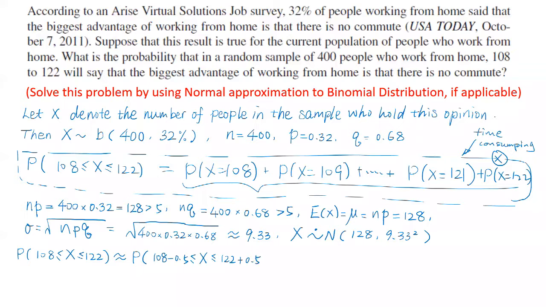Because we are using approximation, we need to correct the interval with lower limit minus 0.5 and upper limit plus 0.5. Okay, pay attention to this. These are very important.